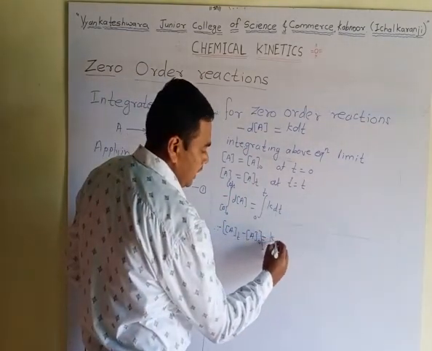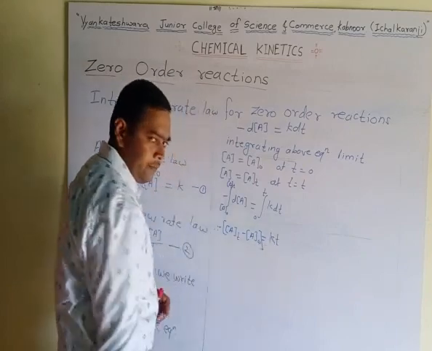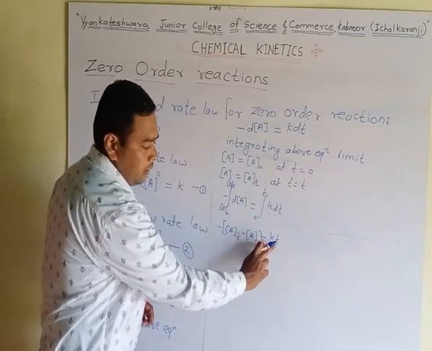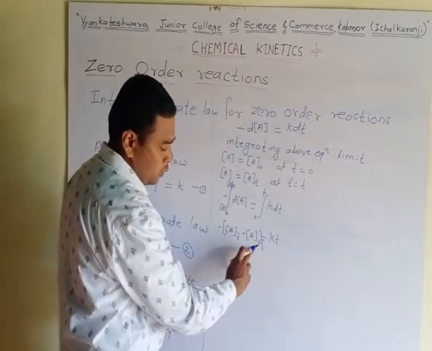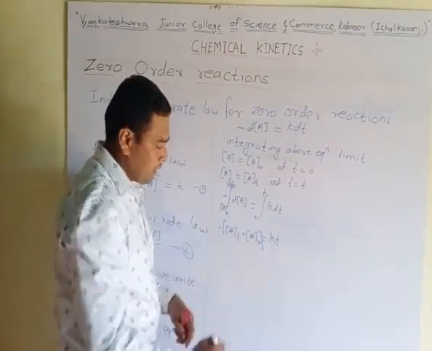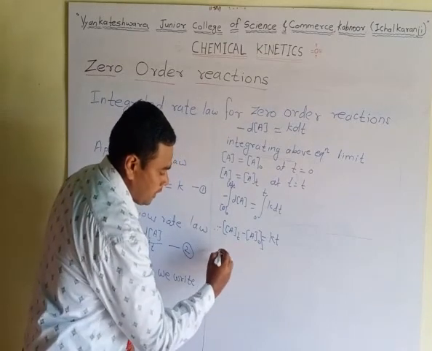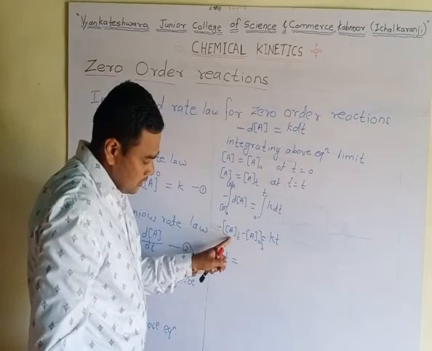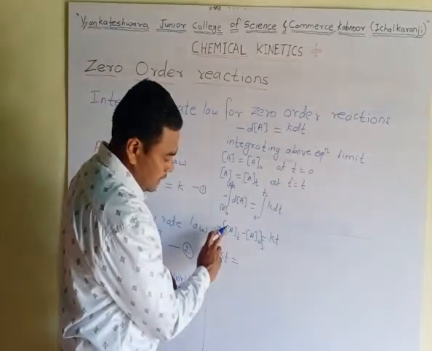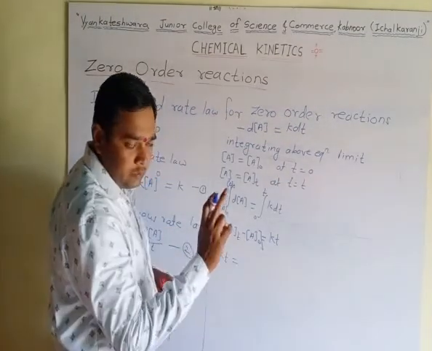Hence, taking the Kt term on the left hand side and these two terms on the right hand side of the equal sign, minus into minus equals plus.